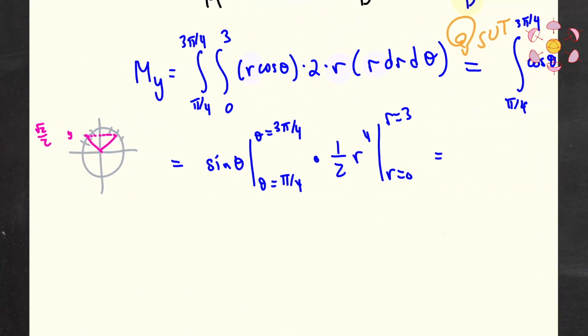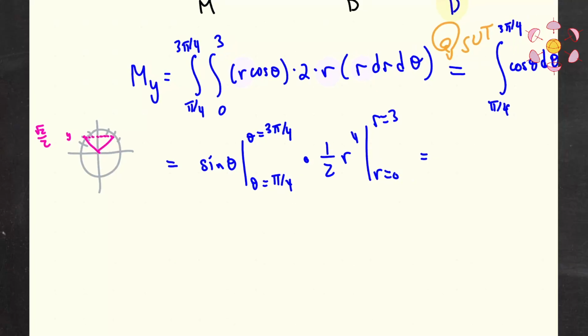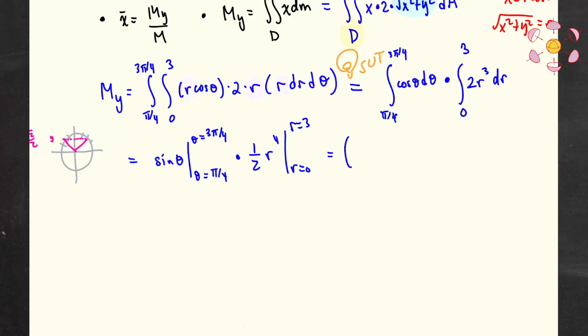But geometrically, sine at these two values is the same value. So we're going to end up getting 0 here. Again, root 2 over 2 minus root 2 over 2 times, doesn't really matter, but let's go ahead and calculate this: 1/2 times 3 to the 4th power minus 0. Of course, this ends up being 0.